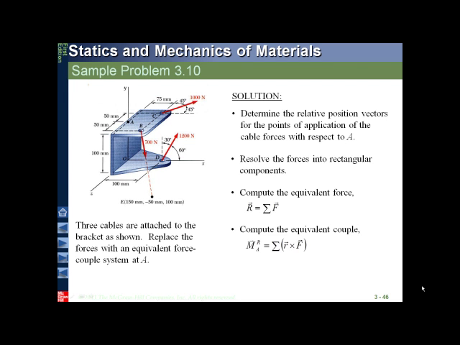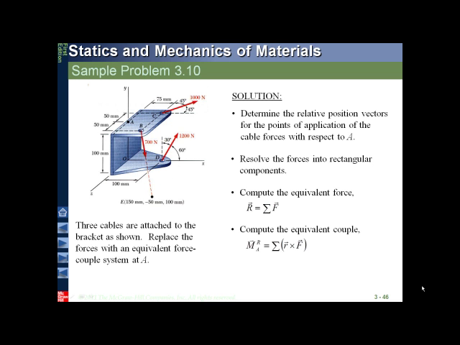Here's sample problem 3.10, which, if you get this one, being a three-dimensional problem with all the position vectors that are being used, you're really, in my opinion, starting to see things. You have three cables applying forces at B, C, and D as shown.